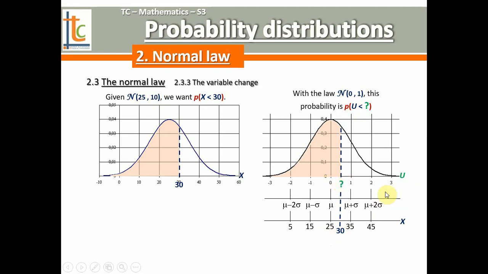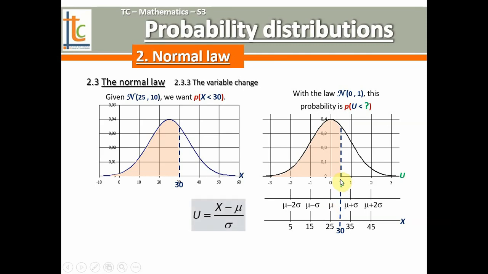So it would be a good idea to have a general formula to give us the right value of u, whatever the value of x, without trying to guess by ourselves how many standard deviations were added or subtracted to the mean. So it's just a question of logic. If you subtract 25 from 30, you've got the value 5. And if you divide it by the standard deviation, that is 10, 5 over 10 leads to 0.5.